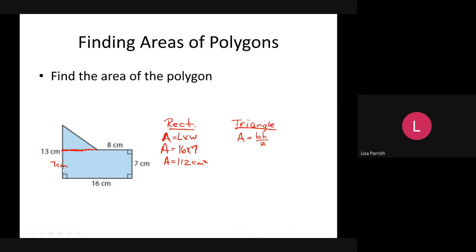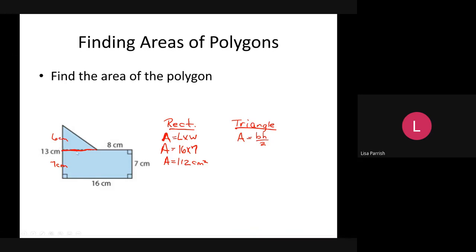This much of it is 7. So if I have 13 and I take the 7 away, 13 minus 7 is 6. So that means that the base of my triangle is 6 centimeters. 6 and 7 make 13. 13 is the total. So the base of my triangle is 6.